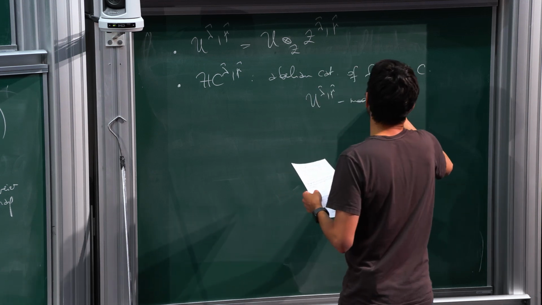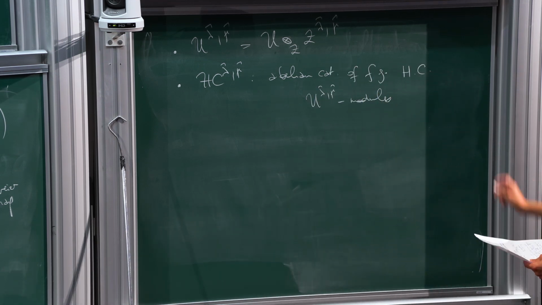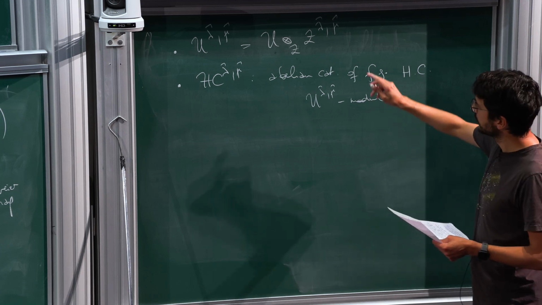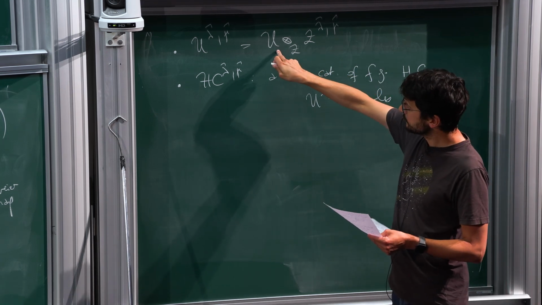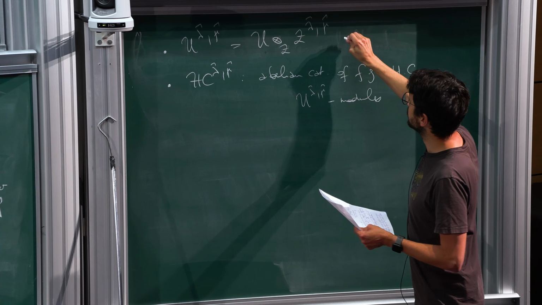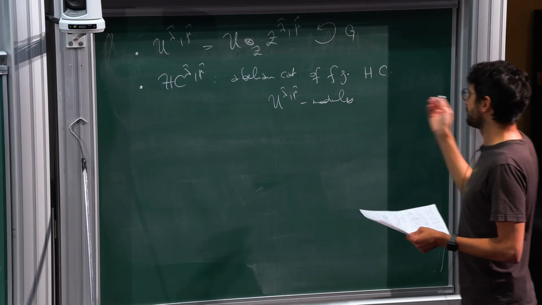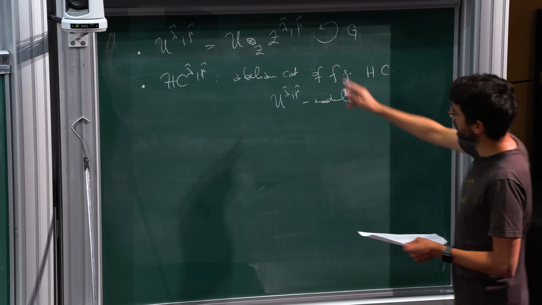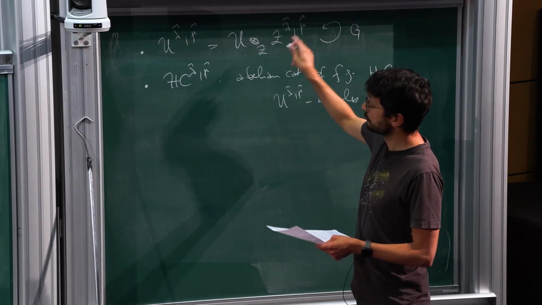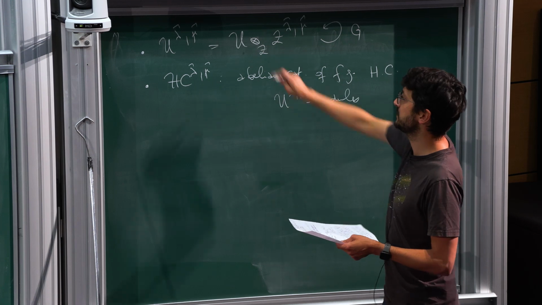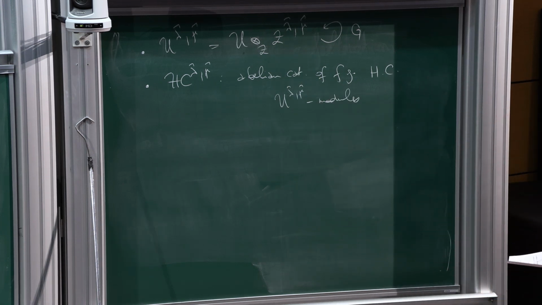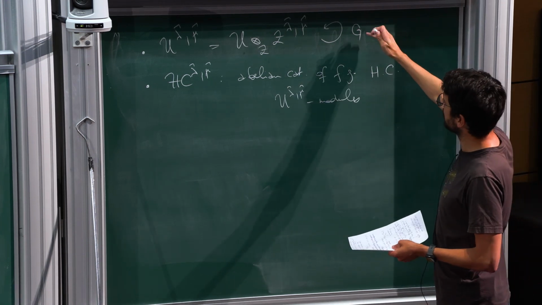I will not write the details, but I can explain this. This algebra U lambda hat mu hat has an algebraic action of G. This is one of the reasons why I don't want to work with the completion of U with respect to some ideal, but really with this tensor product, because on the completion the action would not be algebraic.